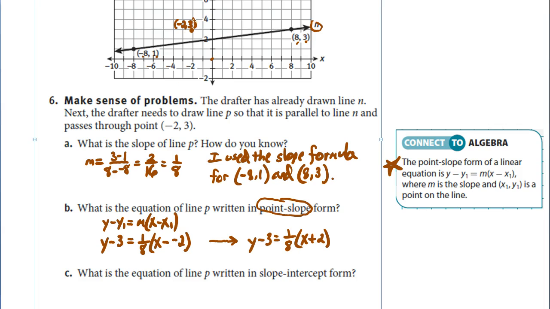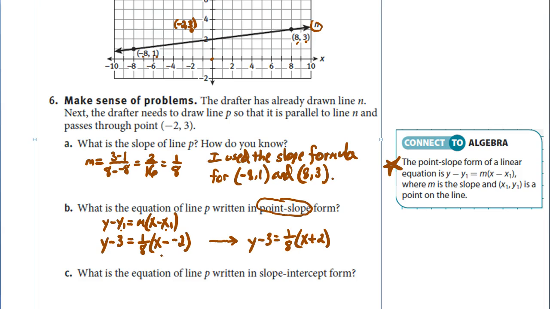And so let's take that point that we know is on line P. We've already found it here, negative 2 comma 3, and use that for the y1 and for the x1. That creates y minus 3 equals 1/8 times x minus negative 2.